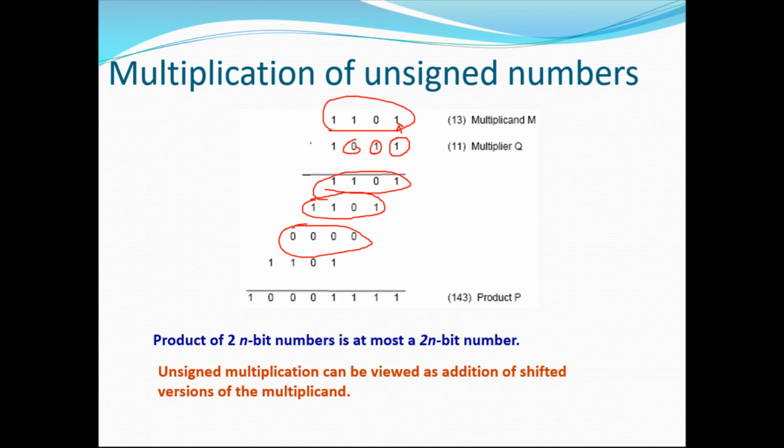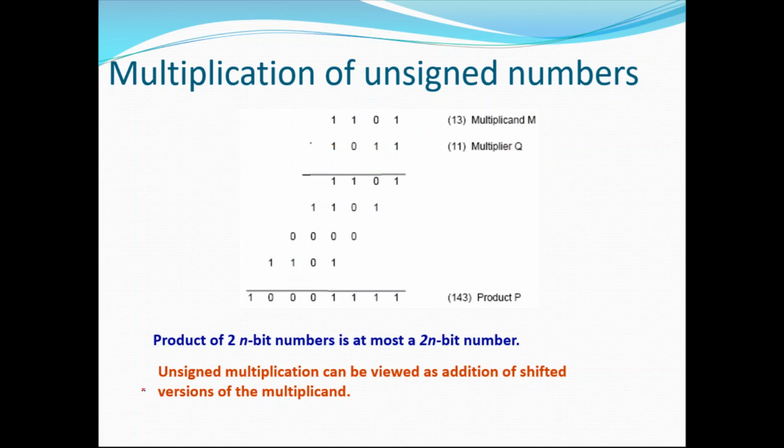And again it is 1, so it is 1101, whatever the multiplicand. This is the multiplicand and this is the multiplier. We refer to the multiplicand as M and the multiplier as Q. Wherever M comes, it represents the multiplicand, and wherever Q comes, it represents the multiplier.